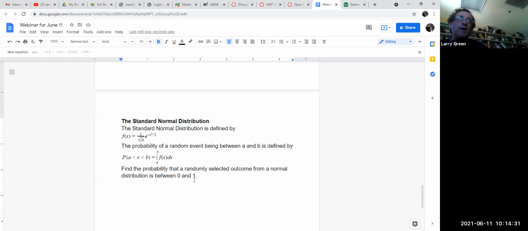All right, so if you want to find the probability that a randomly selected outcome from a standard normal distribution is between 0 and 1, well, we need to integrate this function. So let's write it out in the 1 minute I've got left or so. We're going to integrate from 0 to 1.